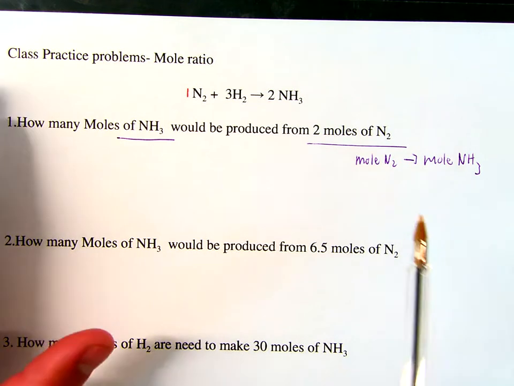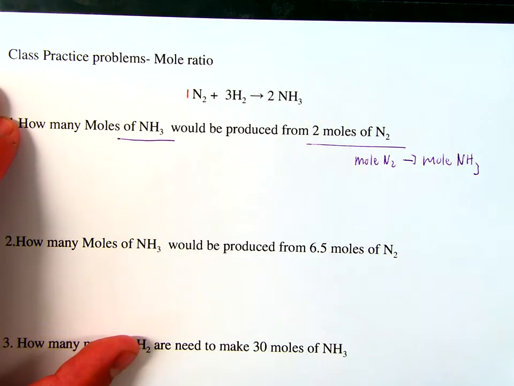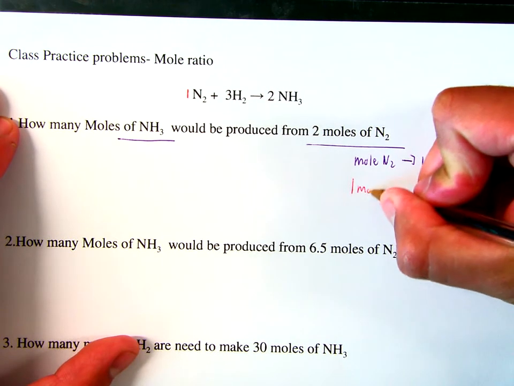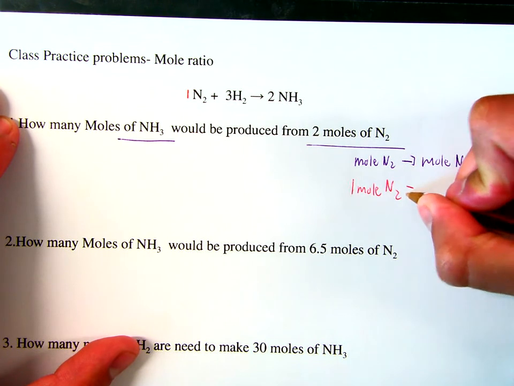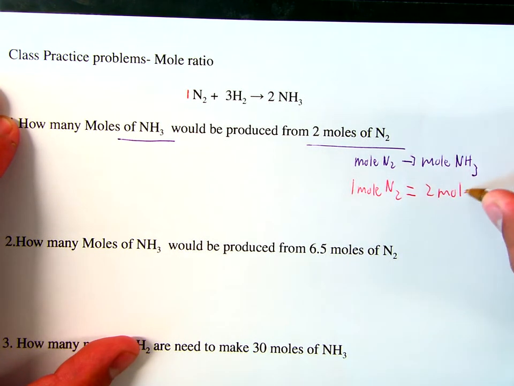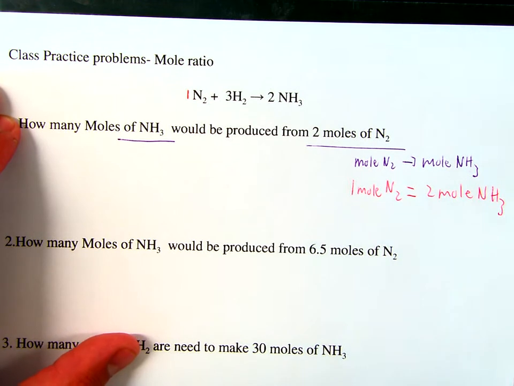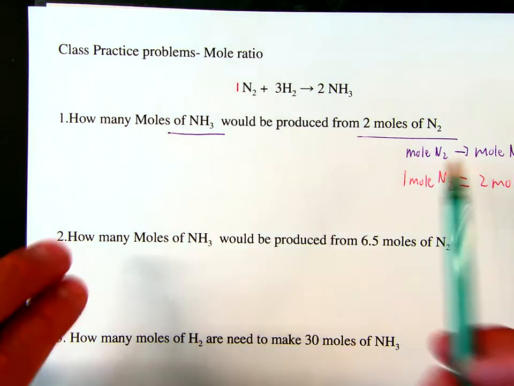We just get that from our equation. My equation tells me that 1 mole of N2 equals 2 moles of NH3. So that's the conversion equivalent we're going to be using. Similar to my other problems, I start by listing what I'm given.